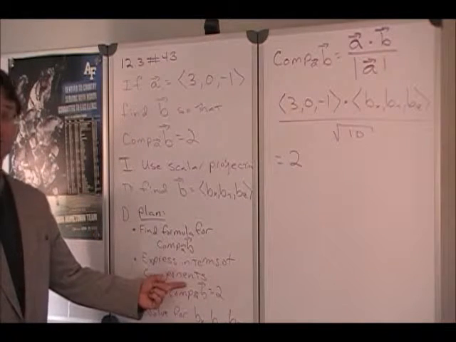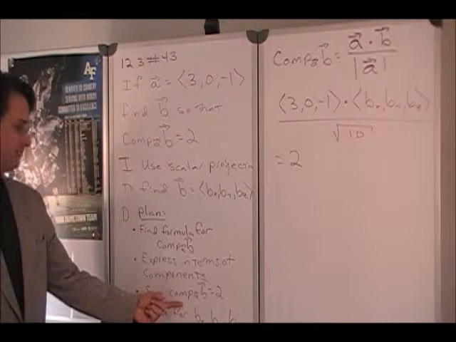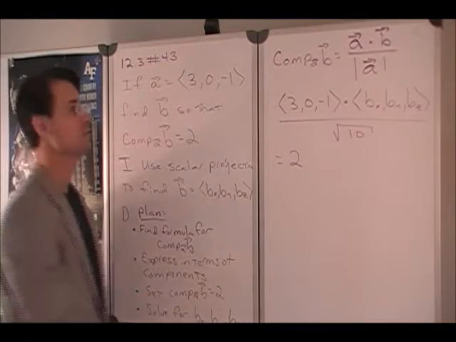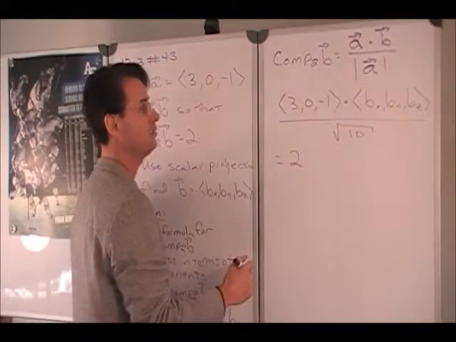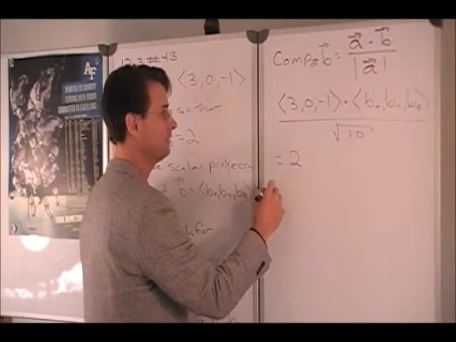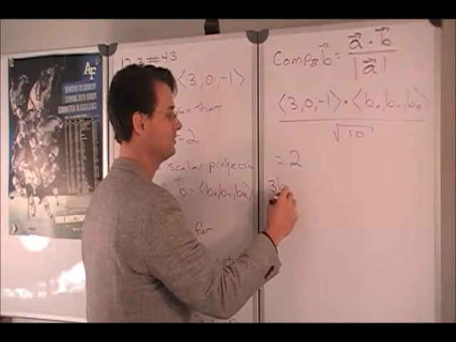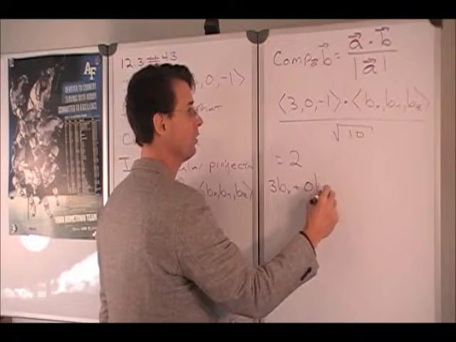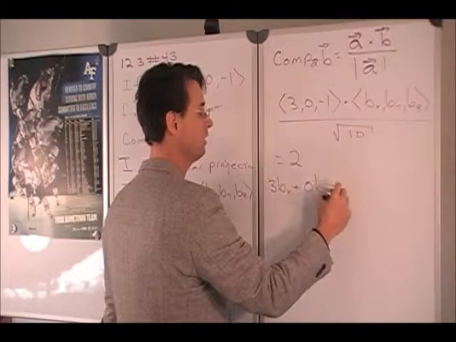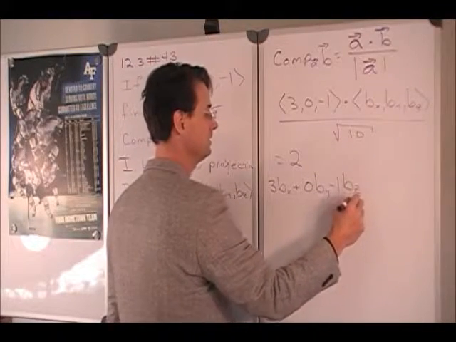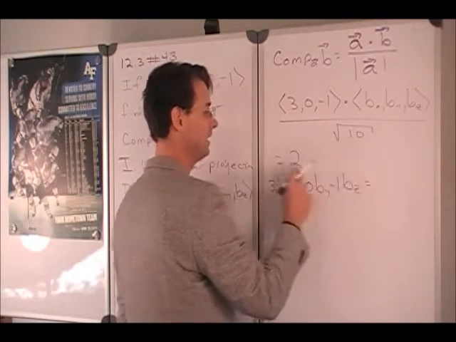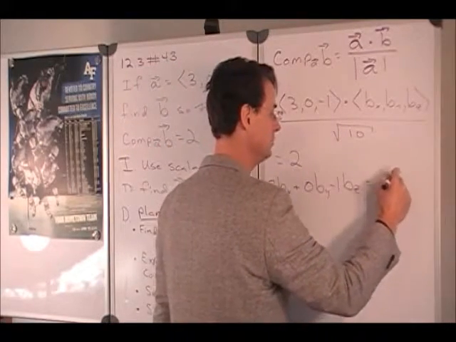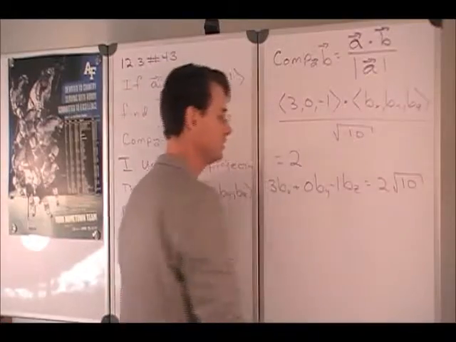So we've expressed it in terms of the components, and we've set it equal to 2. So now we can evaluate the dot product. So we have 3 times the x component plus 0 times the y component minus 1 times the z component.